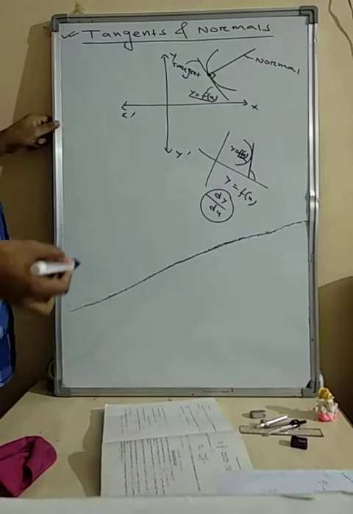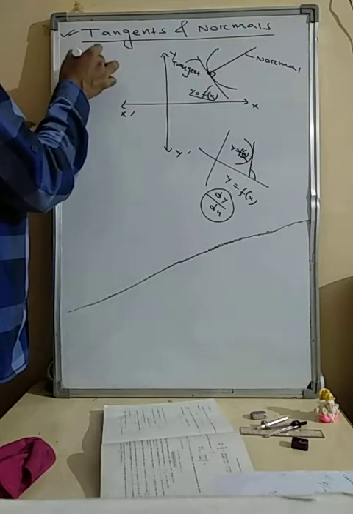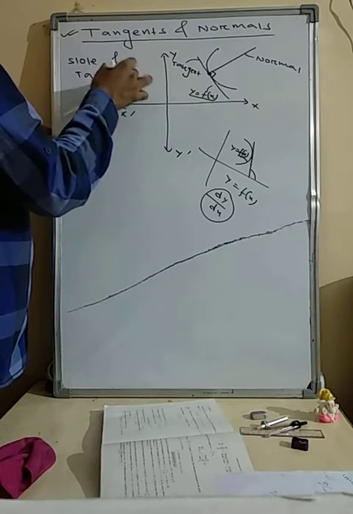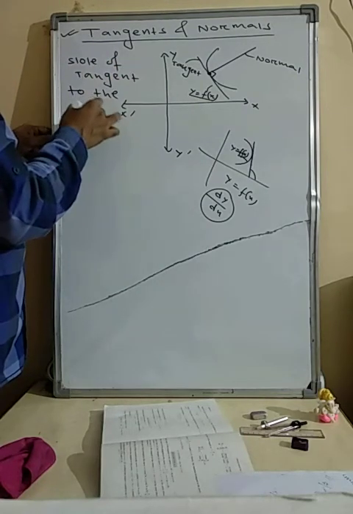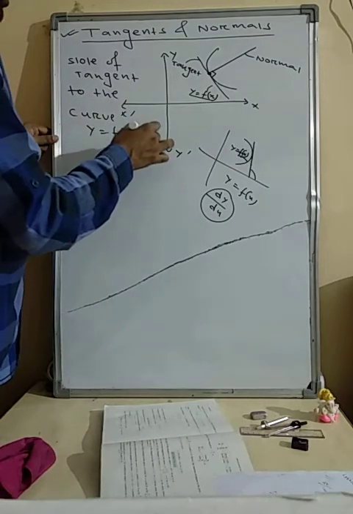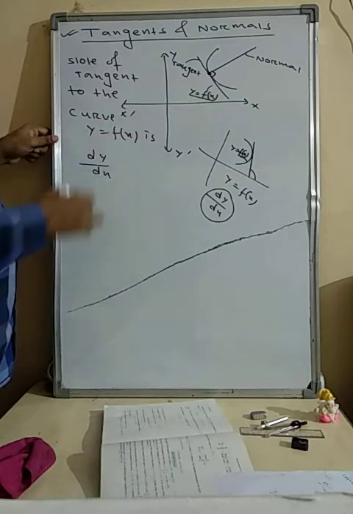The slope of the tangent to the curve y equal to f(x) is dy/dx, or you can say f dash x.